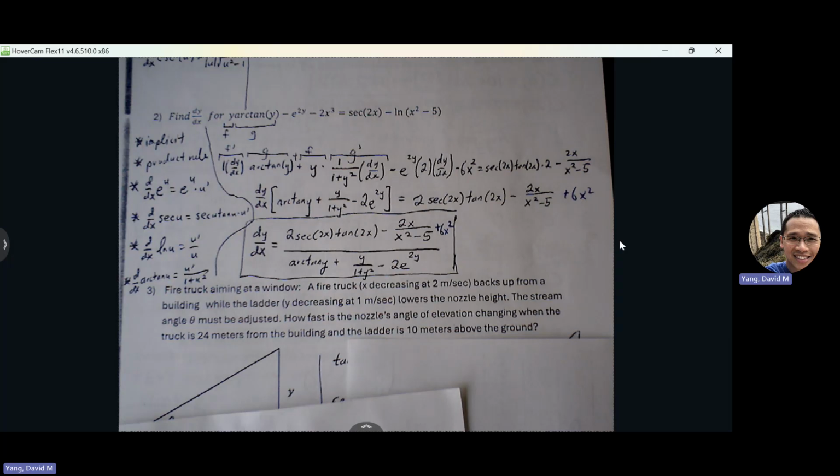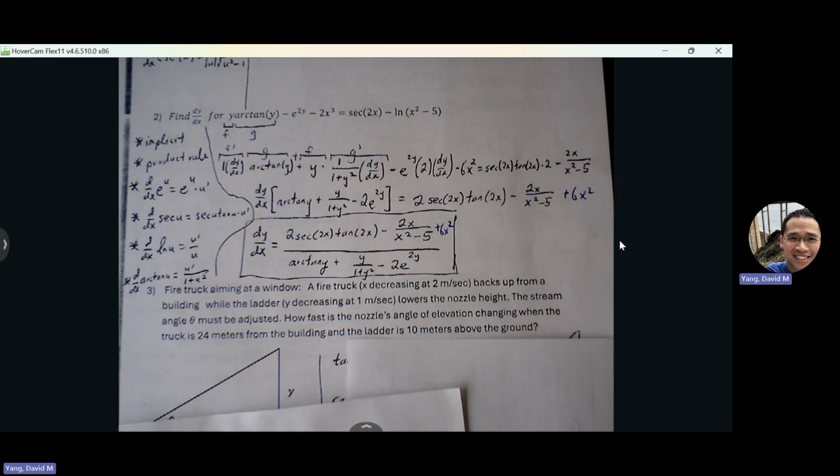Actually, all these terms are already together on the same side. Just have to make sure I move that 6x squared over. And then once we factor dy dx out, divide that whole denominator to the other side. Okay, any questions with 2?